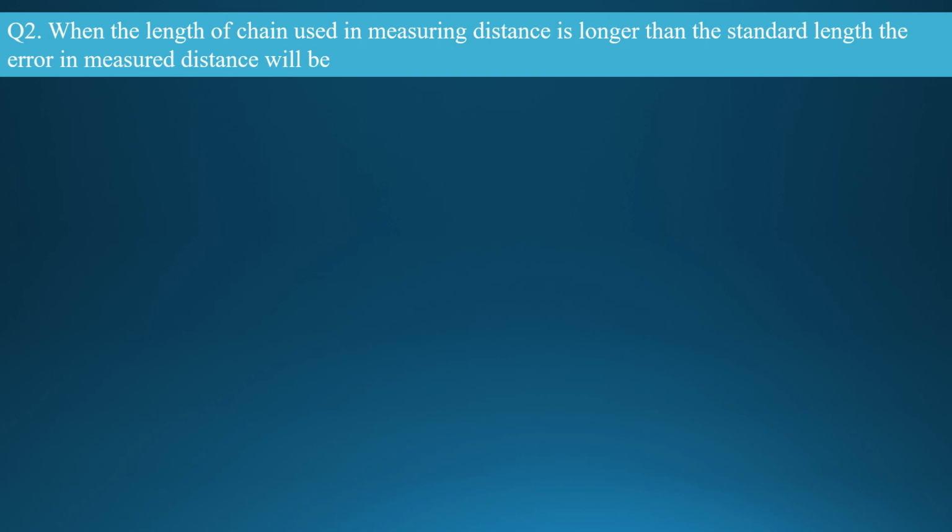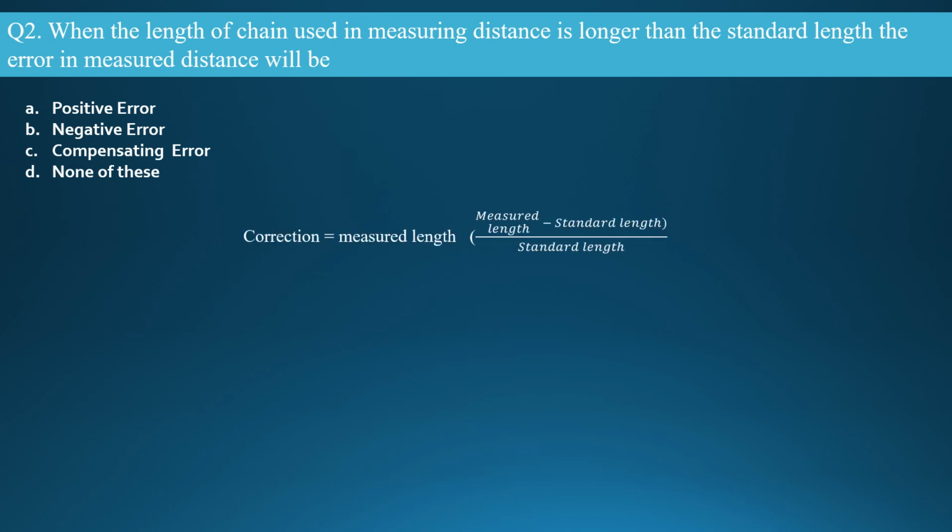There are four options given for this question, and to solve this question we use this formula: correction equals measured length into, in bracket, measured length minus standard length, whole bracket, divided by standard length.